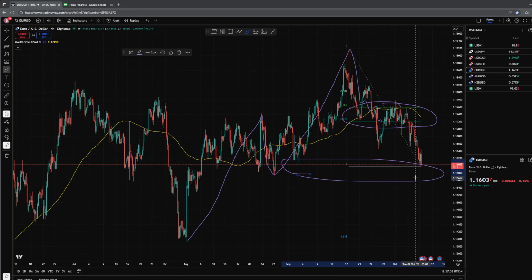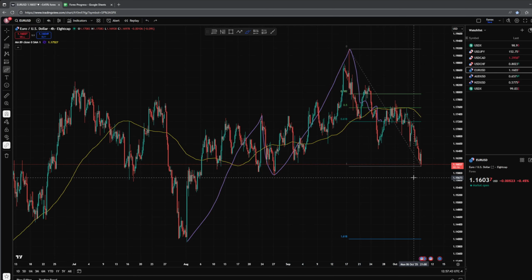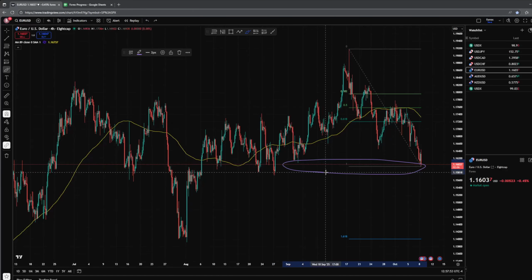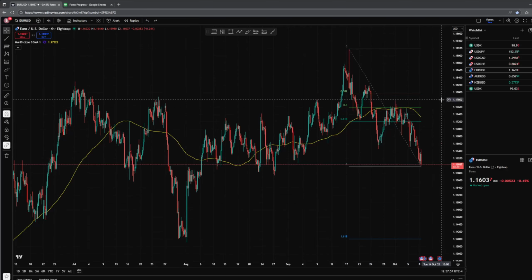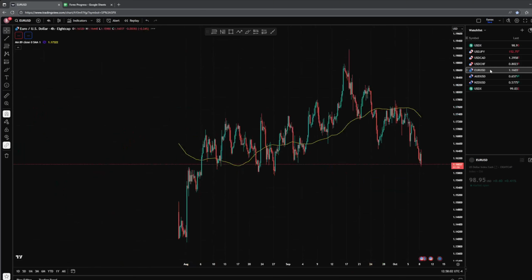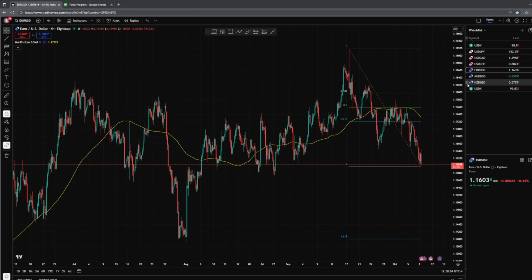That was a perfect execution to buy Euro USD. Now the trend has reversed and the majority of the candles are hanging out below the yellow moving average line. It hit my stop loss here and now the trend has reversed, which is seen on the USD index chart. Euro USD hit my stop loss. That is a perfect execution of my trading system.